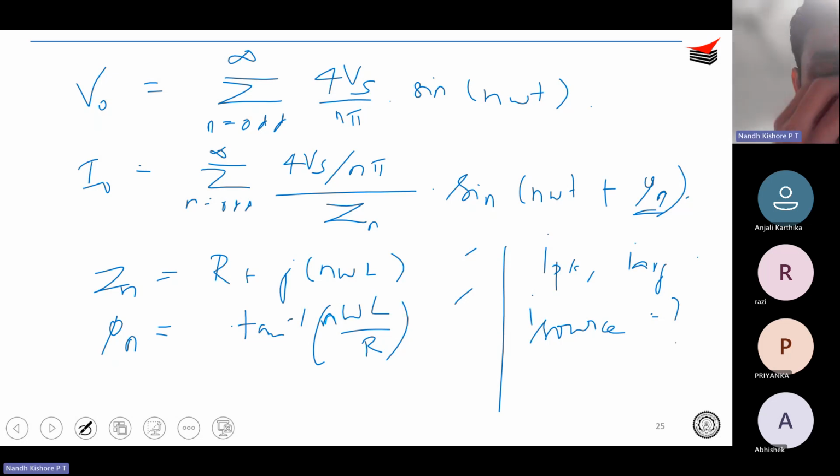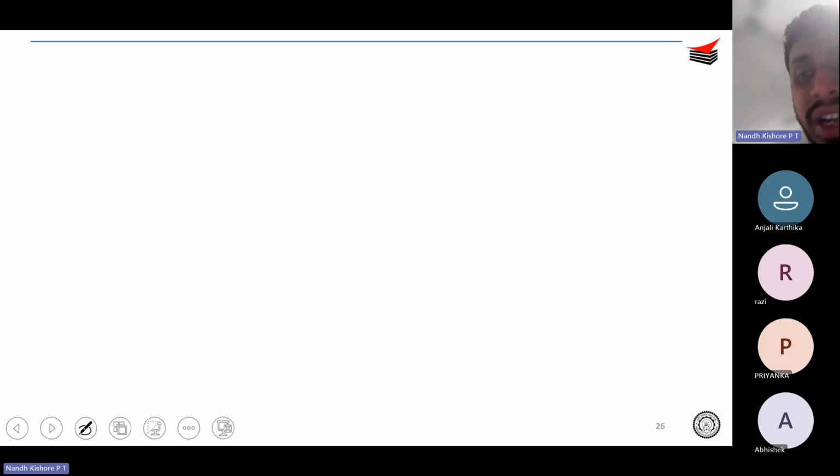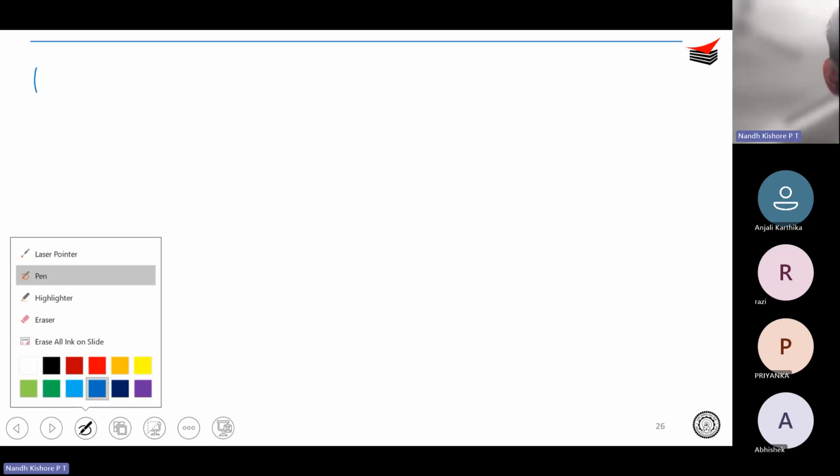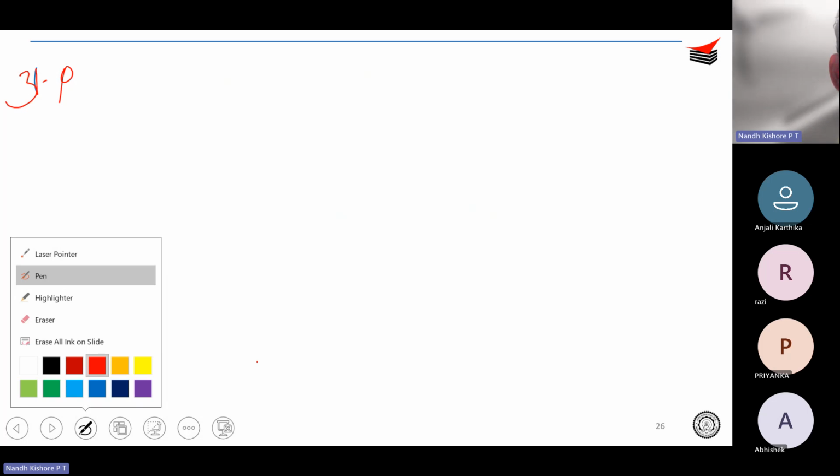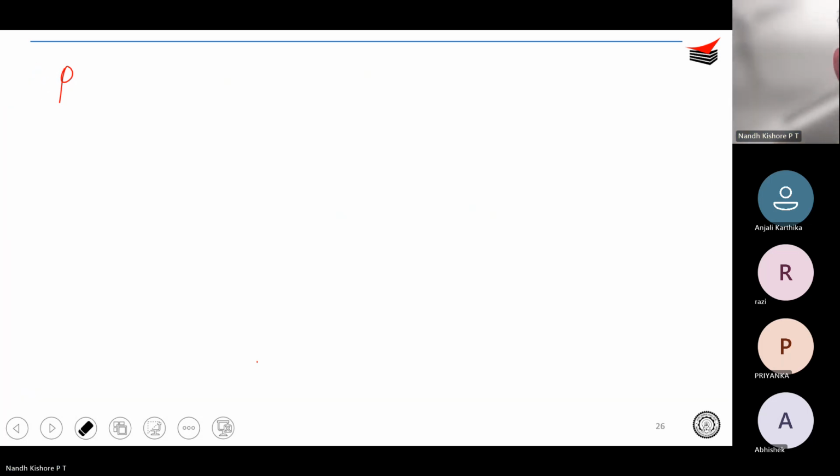So after we completed single phase, we migrated towards three phase, correct? So in three-phase, we saw what is known as the 120-degree mode of conduction.